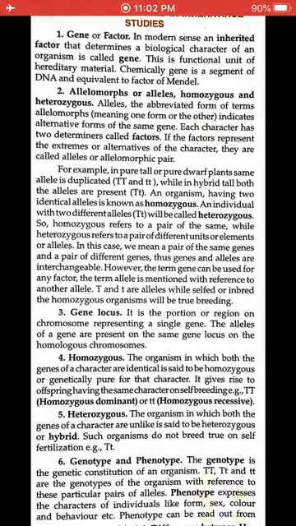Homozygous I have already explained. Homozygous can be dominant or recessive. Similarly, heterozygous can be dominant or recessive, depending on its type. Now, if the alleles are in certain pairs, they will show certain ratios. There are two types of ratios we are going to come across, genotype and phenotype.